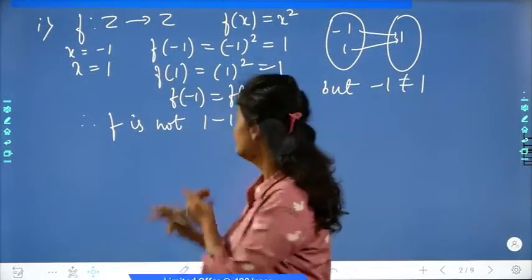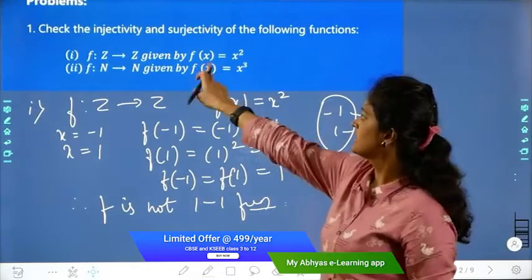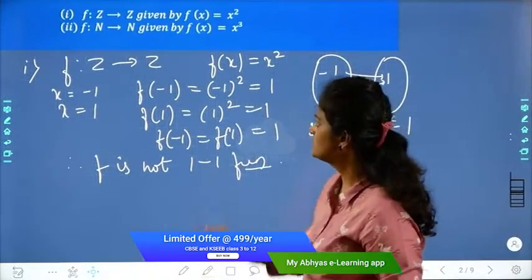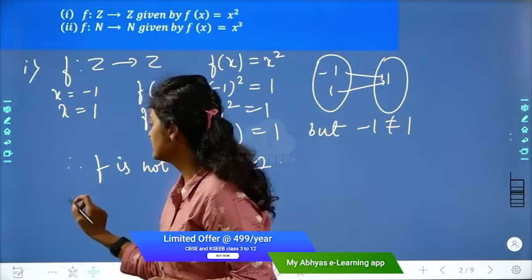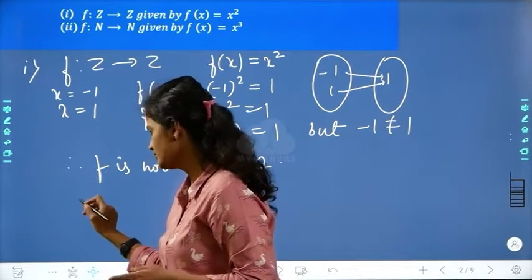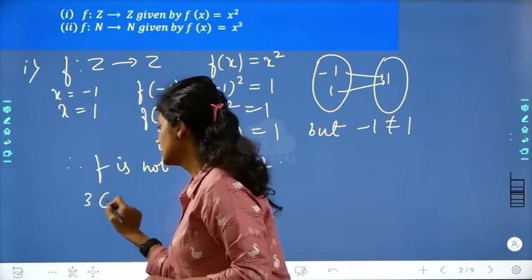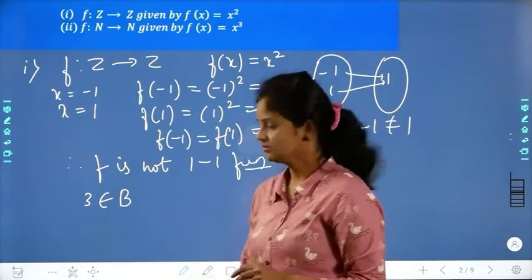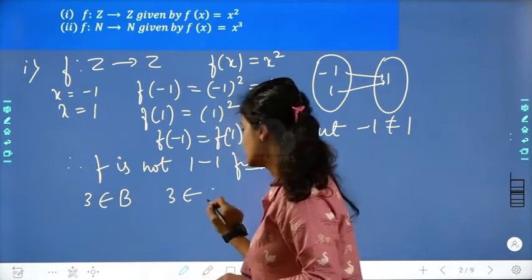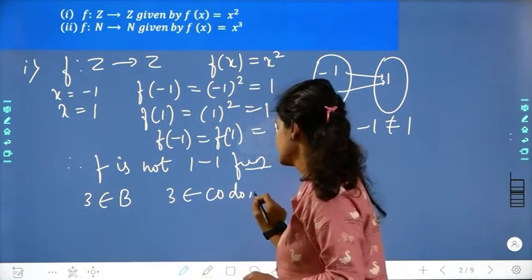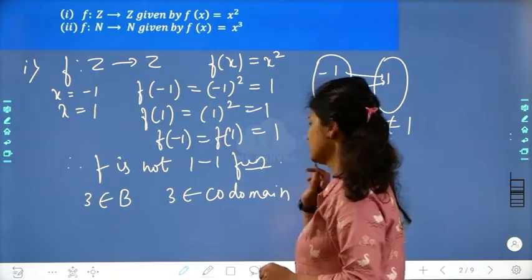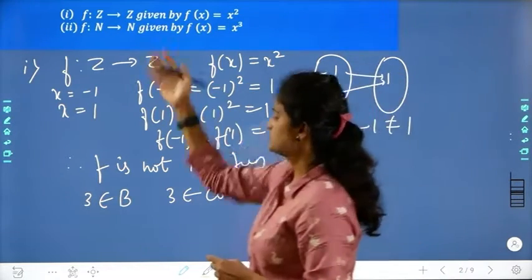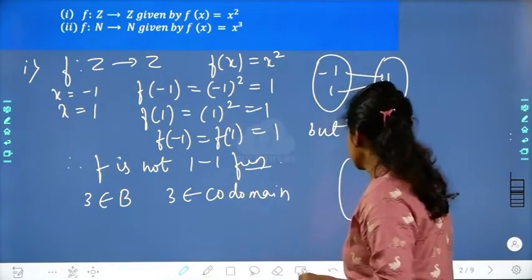Now taking onto. See what is the function here? f of x is equal to x square is the function. So if I take any number, like 3 belongs to B, that means the codomain. If 3 belongs to the codomain, can you tell me what will be the x, where I will get it in the integers?